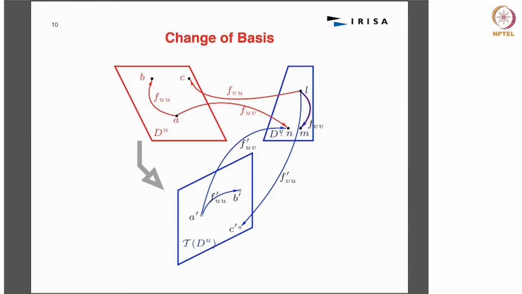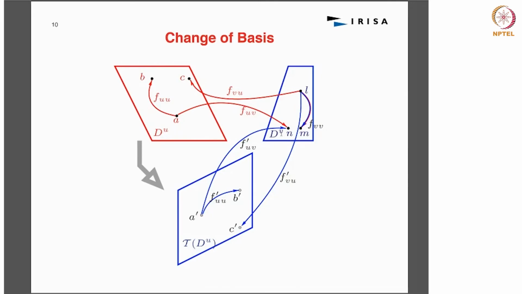So first we take the pre-image of A prime, then apply the function, and then take the image of B. To the point A prime, you first apply T inverse. To the result of that, you apply the old dependence function to get to B. To the result of that, you apply T and you get to B prime.